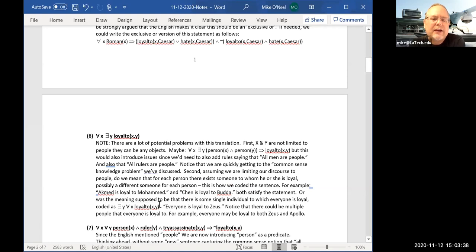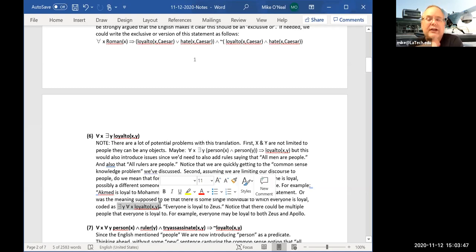And then I make a statement here that's actually important. Even if we were talking about something like this, right? Everyone is loyal to someone, and we need some particular one. Everybody could still be loyal to, say, both Zeus and Apollo.